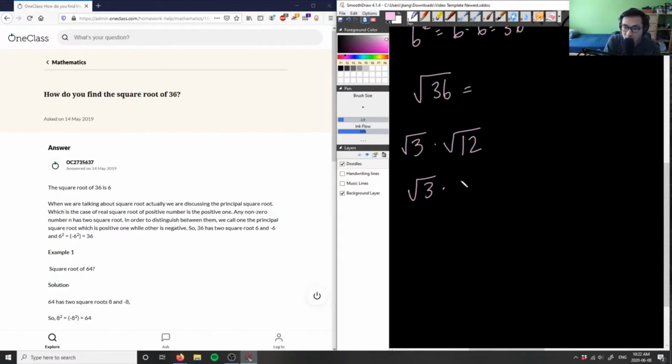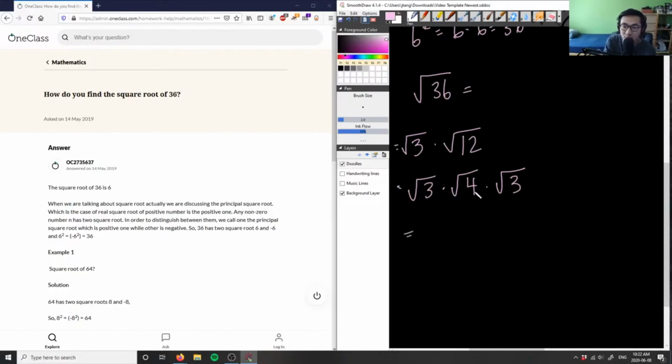Actually, let's take out a 4 here because this is our greatest common factor of 12. So let's take out a 4, so we have the square root of 4. 12 divided by 4 is simply 3. So now I have root 36 equals root 3 times root 4 times root 3.